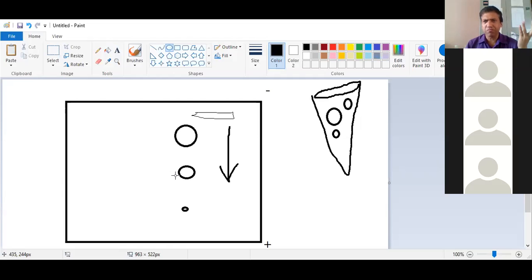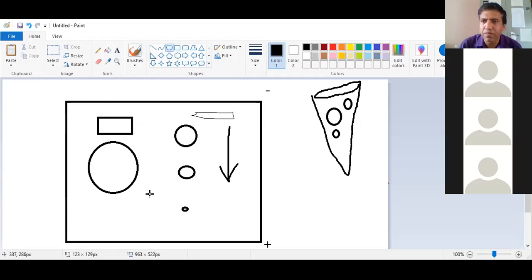Another point is that the separation is not only on the size, it also depends upon the conformation. Say for example, you have one molecule having this kind of shape, and another molecule of this type.